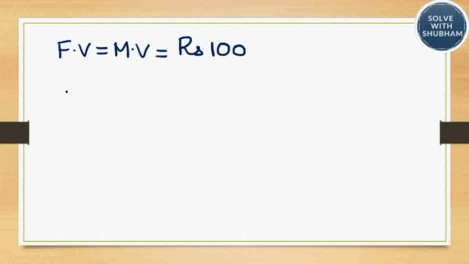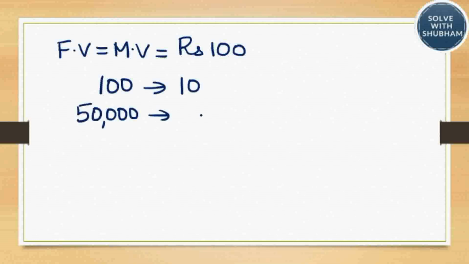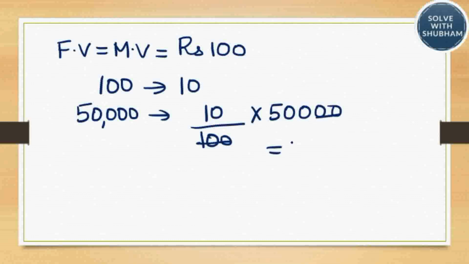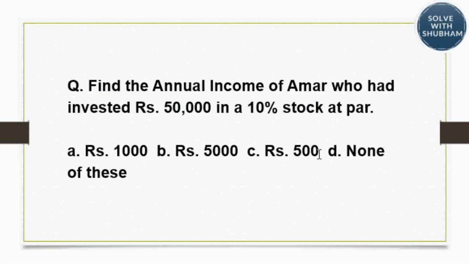So when you buy a share for 100 rupees, 10% stock, you get 10 rupees. When you invest 50,000, how much you will get? It is a very simple calculation. So you will get 5,000. So your answer would be option number B, rupees 5,000.